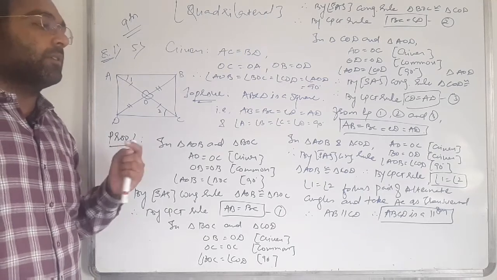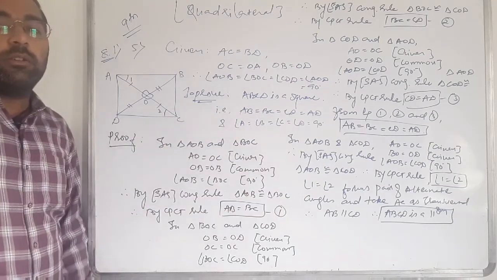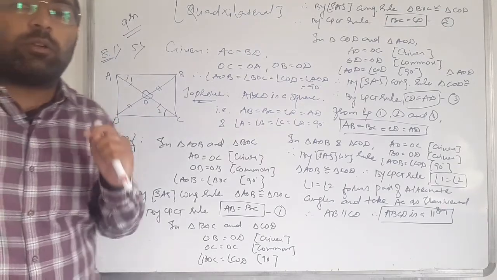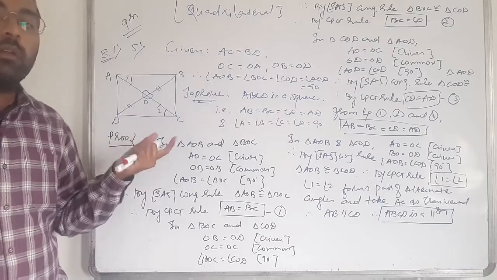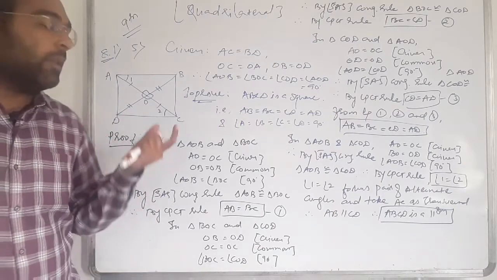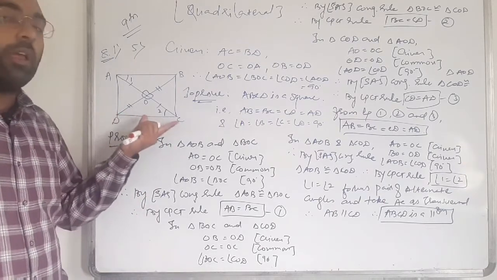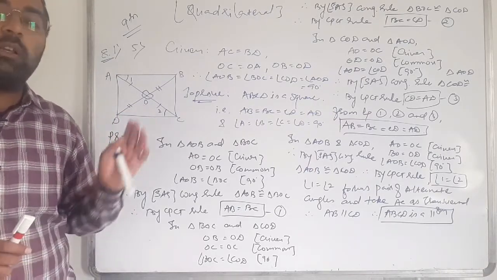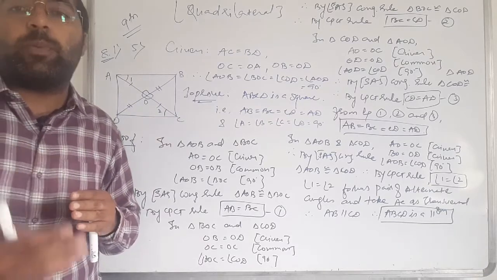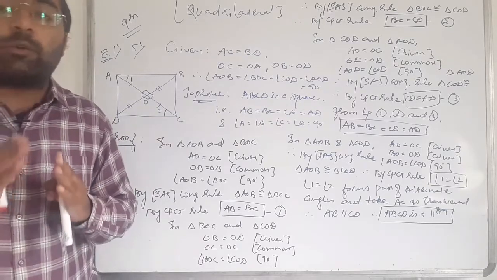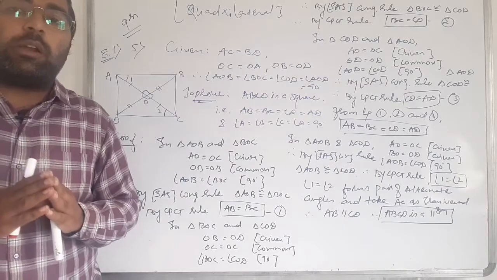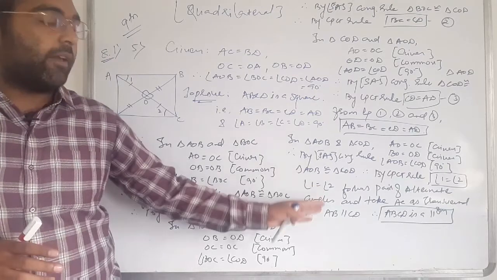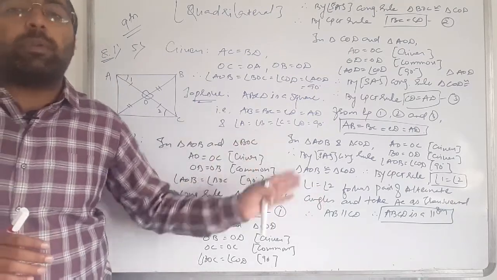For that purpose I'll prove that ABCD is a parallelogram, because only in a parallelogram can I take adjacent angles as supplementary. Here in the question, it is not given as a parallelogram, it is given as a quadrilateral. In a quadrilateral we are not taking adjacent angles as supplementary. So that's why I have to prove that it is a parallelogram.